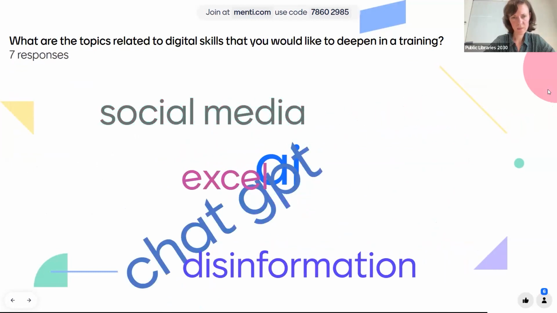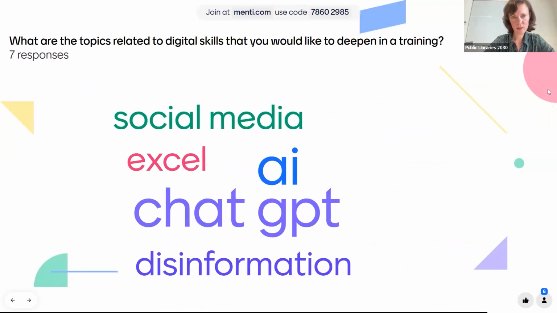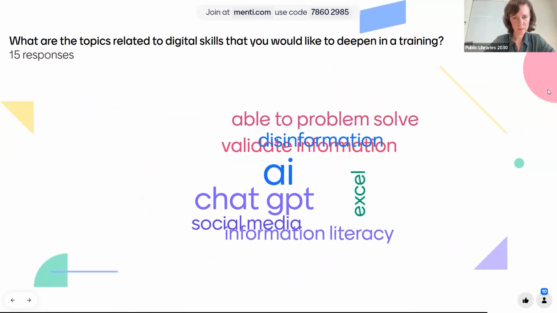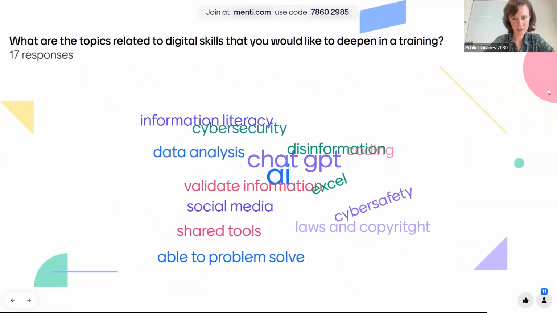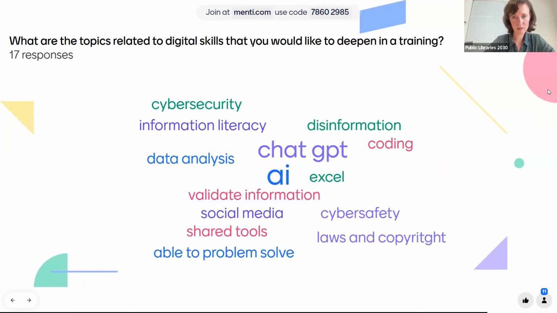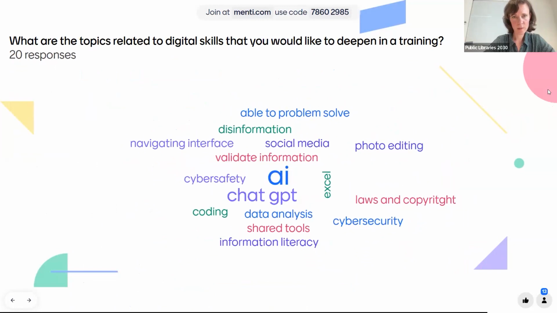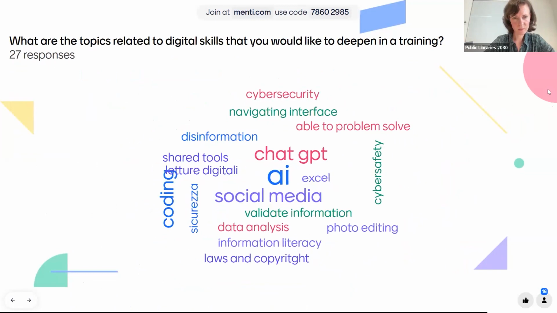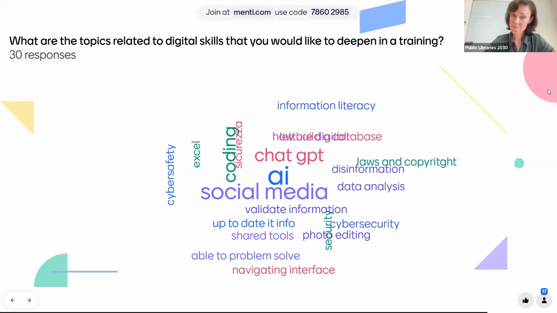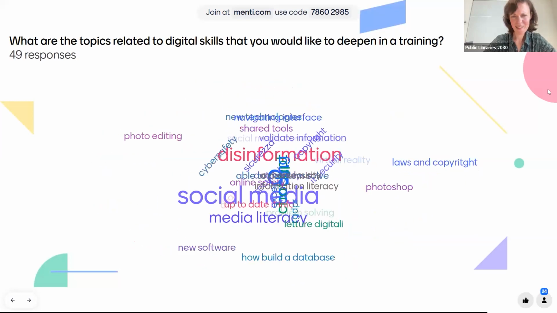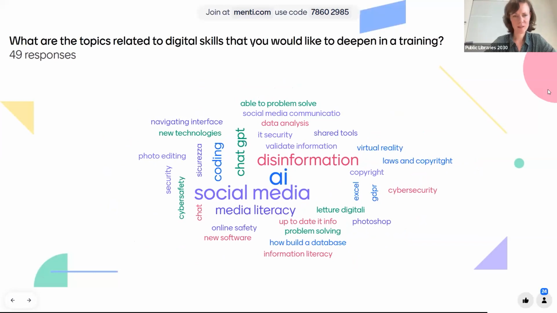Social media, new technologies, AI, information literacy, security, safety. Problem solving. There is plenty to learn. This is really interesting.